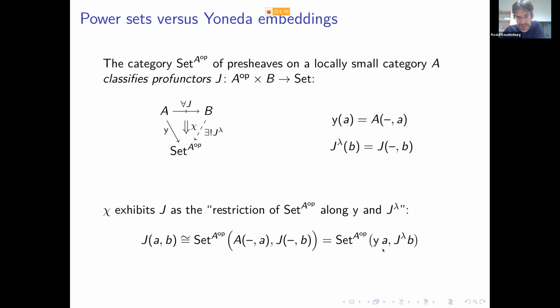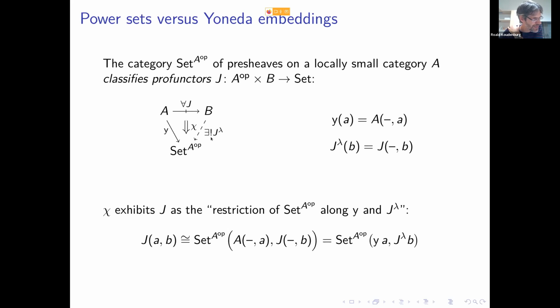And that is exactly, again, this hom set restricted on the left by Y and by J lambda on the right. So that is a similar universal property as for power sets, except that here J lambda is unique up to isomorphism.